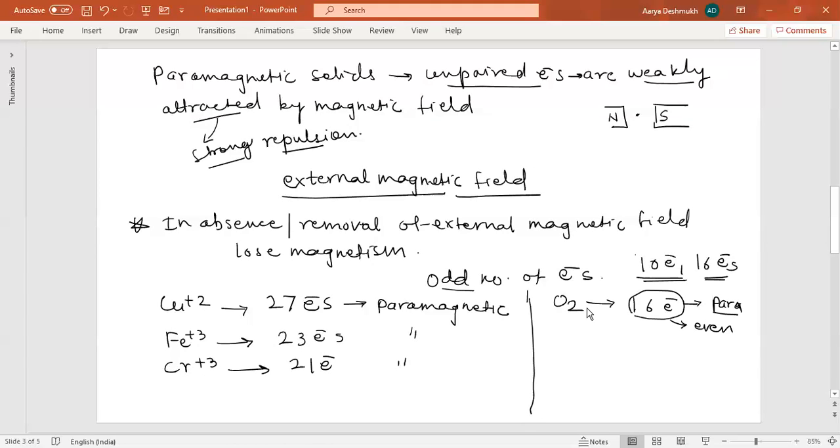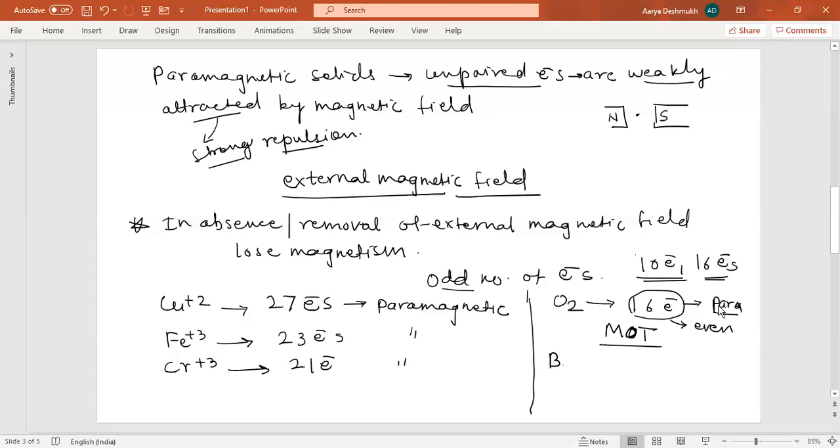It is supposed to be theoretically to show diamagnetic nature, but it behaves as a paramagnetic, and the reason for it is explained by molecular orbital theory. So you can go through the molecular orbital diagram for this oxygen. Here you will see that there is presence of unpaired electrons, which is responsible for this paramagnetic nature of this oxygen molecule.